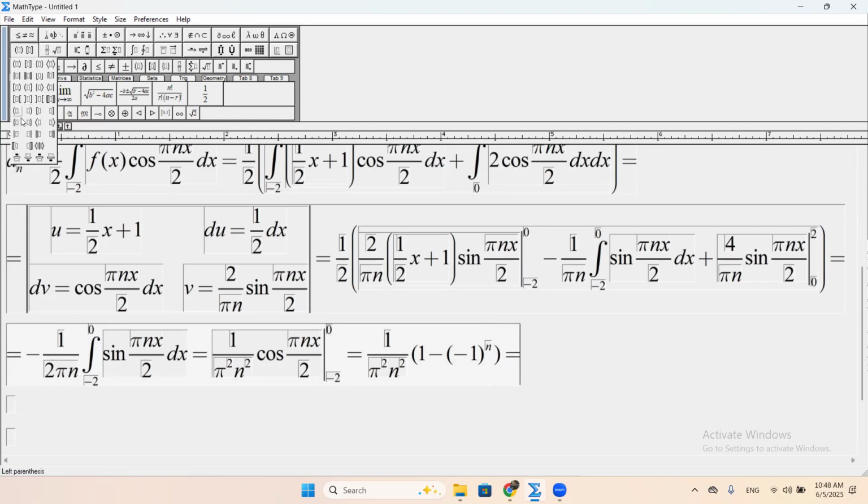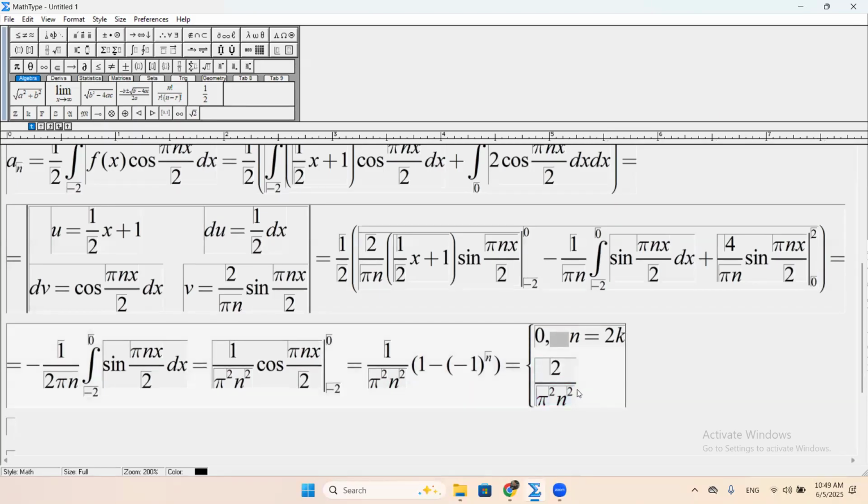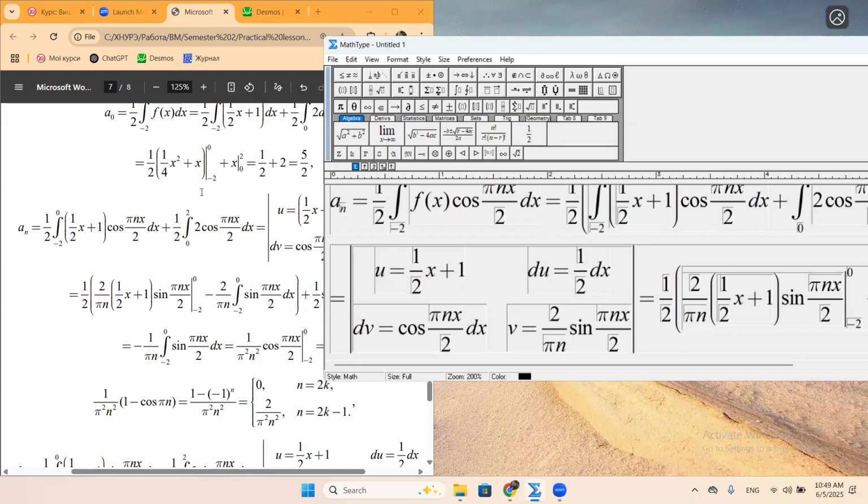How to simplify this expression? If n is even, it will be equal to 0, so 0 if n equals 2k. And it will be equal to 2 over pi squared n squared if n is odd. Let me check my notes if the coefficient is calculated correctly. Yeah, it is correct.